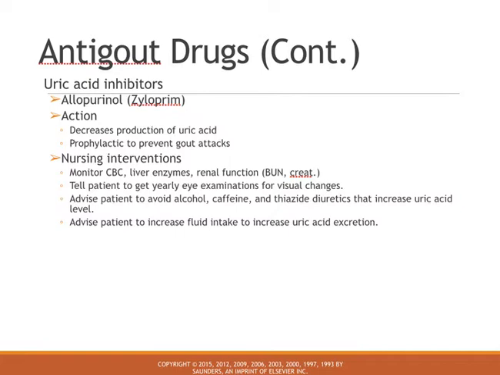We want these patients to increase their fluid intake unless it's contraindicated by another health condition. We're going to monitor their CBC and their liver enzymes, and remember, those are your ALT and AST.